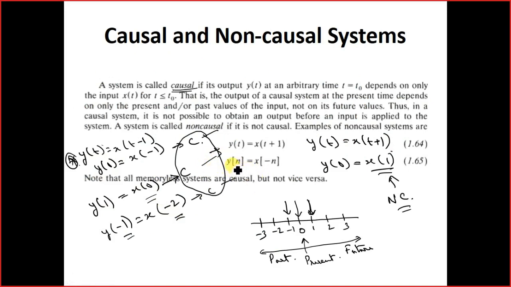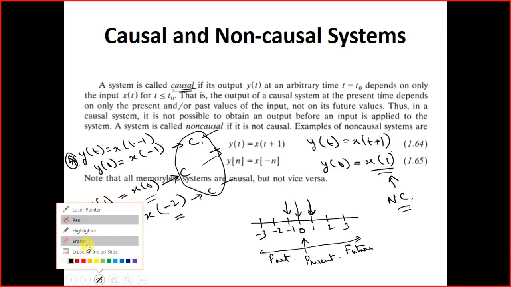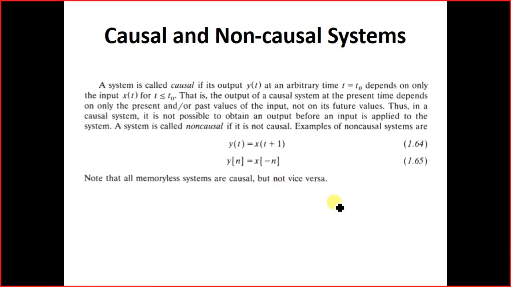Then if you talk about y of n equals x of minus n, what would you get? y of 0 equals x of 0, this is causal. Then y of 1 equals x of minus 1, this says it is causal. y of minus 1 would become x of 1.